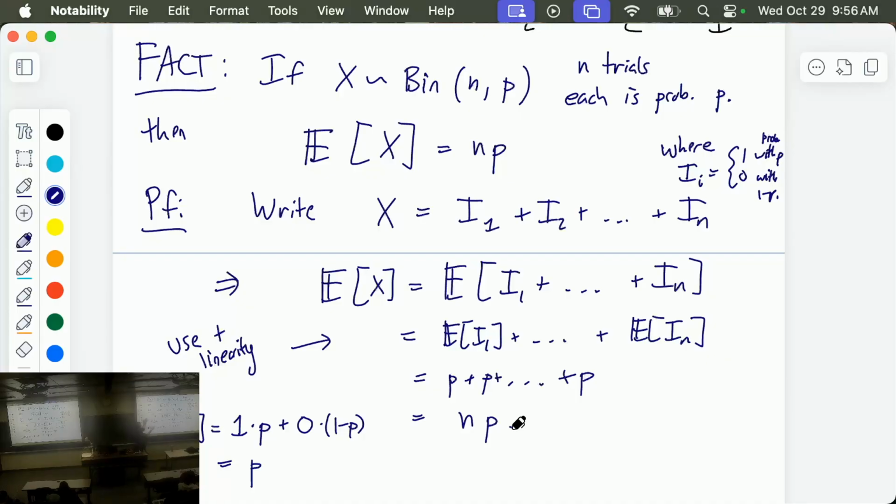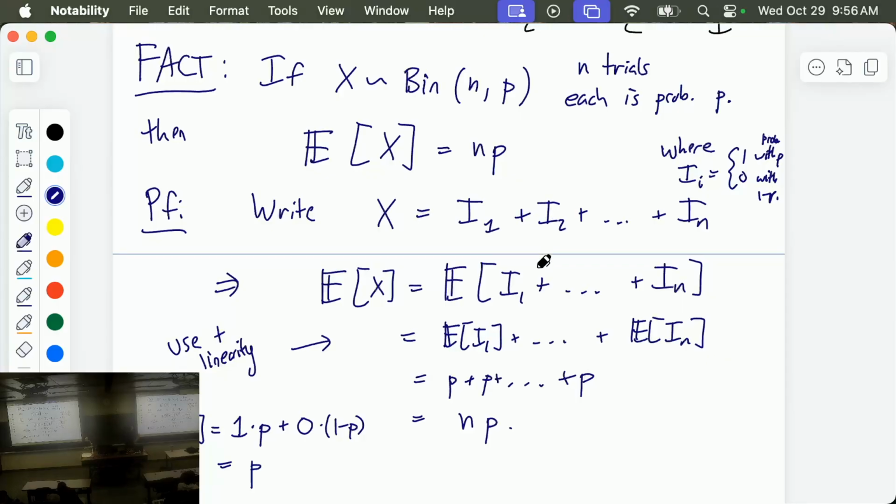So this is the average of a binomial random variable, and if you know this trick of using linearity, it's very simple. If you don't know the trick, it's quite complicated. If you try to add up the distribution, then you've got to be really good at adding stuff. You can do it. You need to know some combinatorics tricks. But that is the proof of the mean of a binomial.